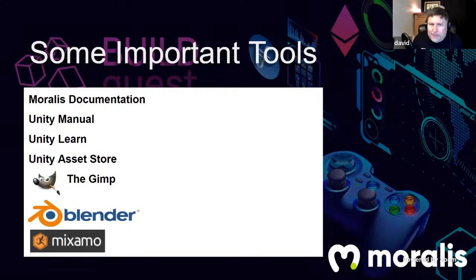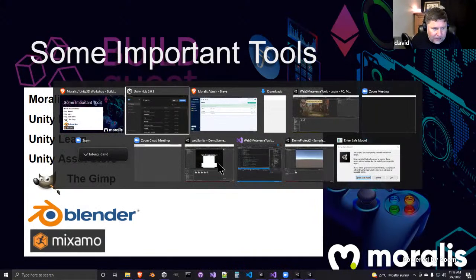If you're not so good with that, or you're in a hurry, you can use Mixamo. Mixamo has a lot of free characters and a lot of free animations that you can use on those characters. Then you can just import those into your Unity application and use them right out of the box. All right, let's check on the loading of Unity.